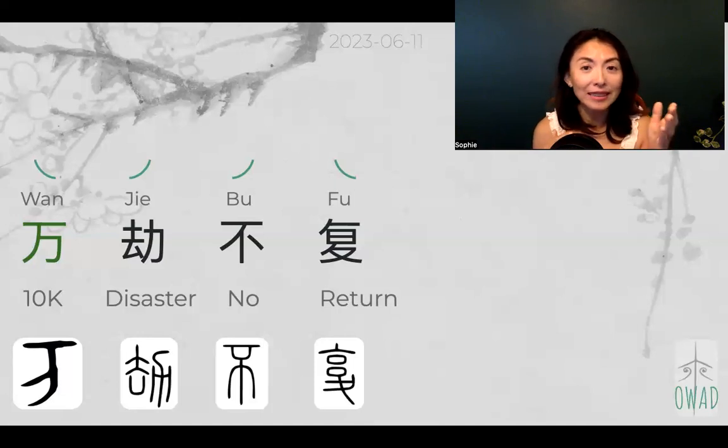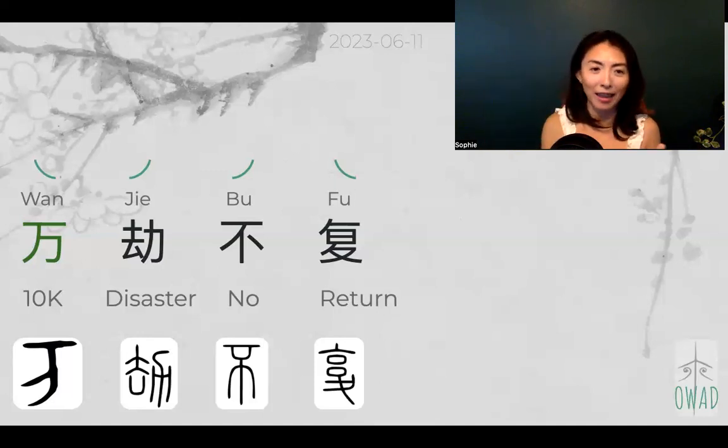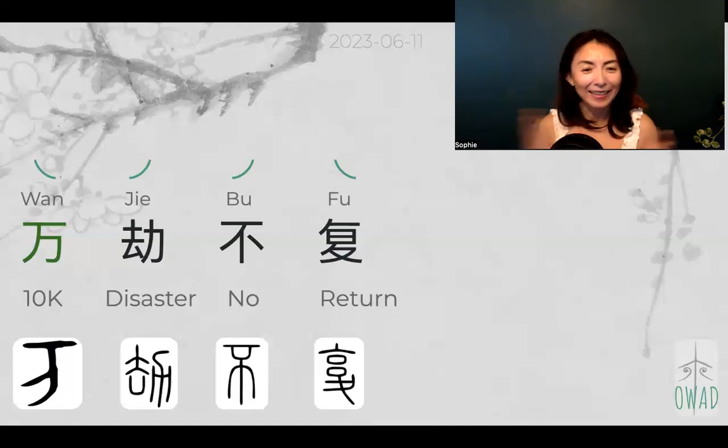So when we see 劫, my first reaction would be disaster. I don't think of it in terms of Buddhism, of one complete life cycle. Because of Buddhist reincarnation, you always have a second chance to do it again. It's not the end of the world or end of life or end of time for you. You're going to have another reincarnation to do that again.